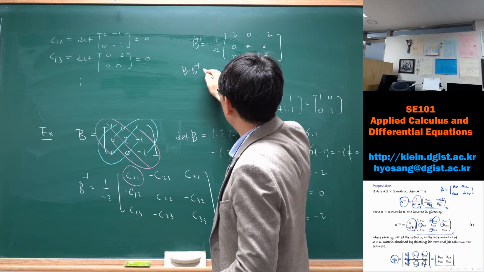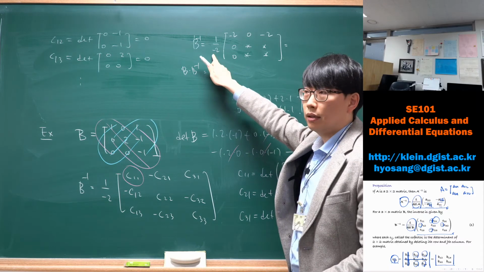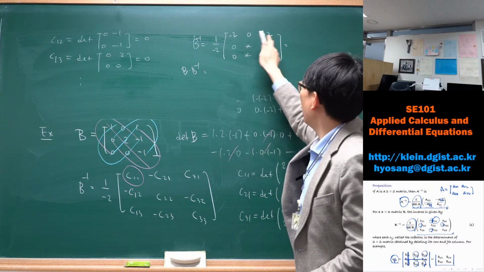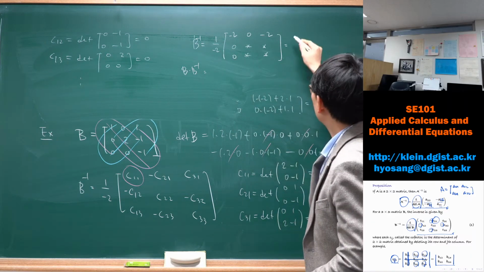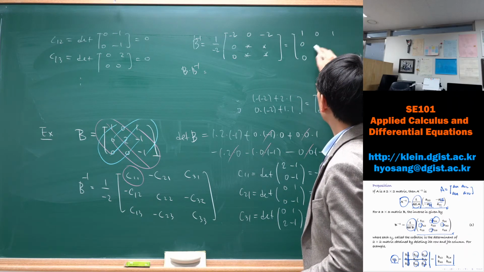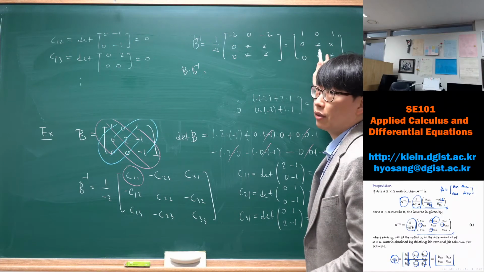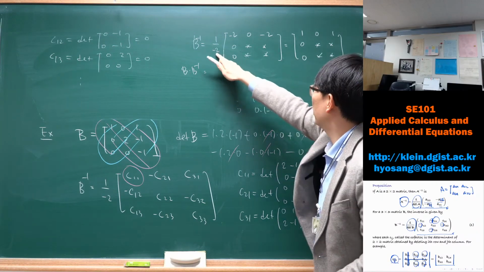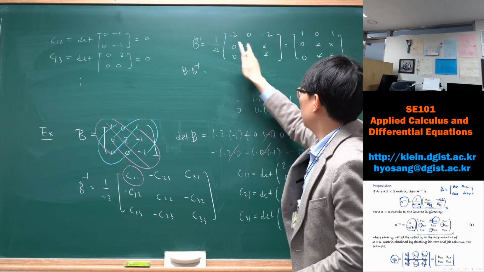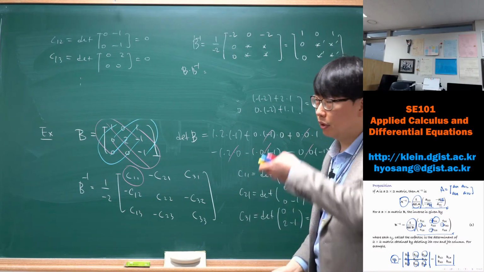So what's B times B inverse? You have to multiply this 1 over negative 2 on every one of the 9 entries. So this is basically 1, 0, 1, 0, 0, and star, star. These stars are not the same stars. I just take the negative 1, divide by negative 2 on these stars. So these are some different stars. Okay.